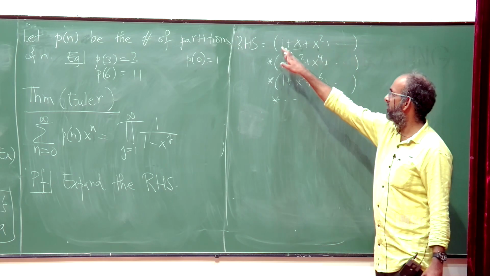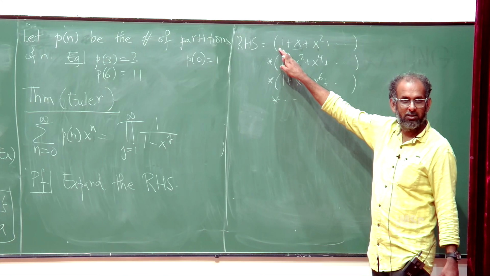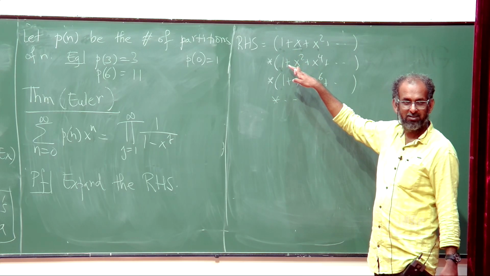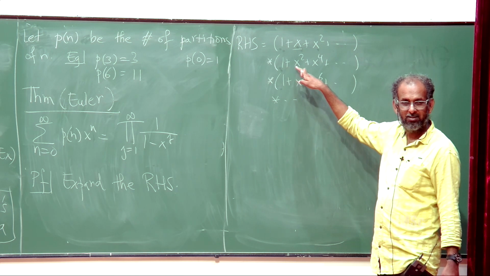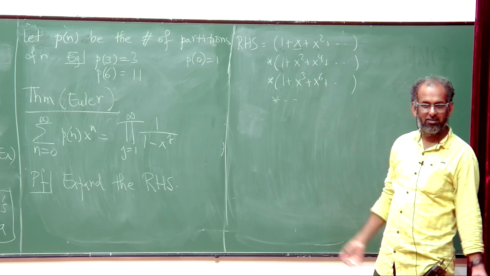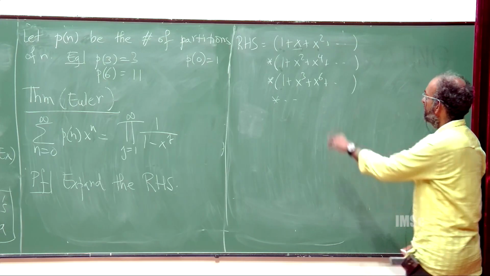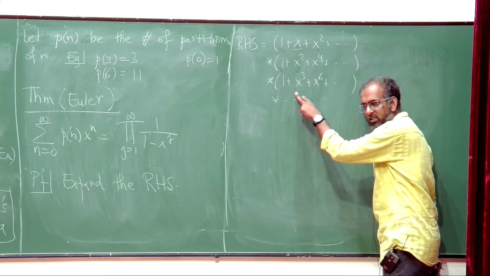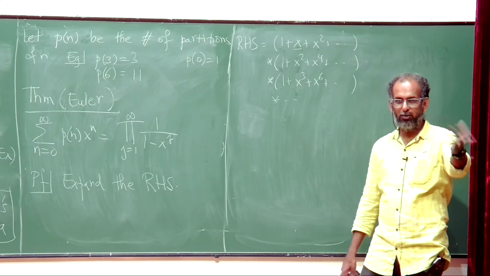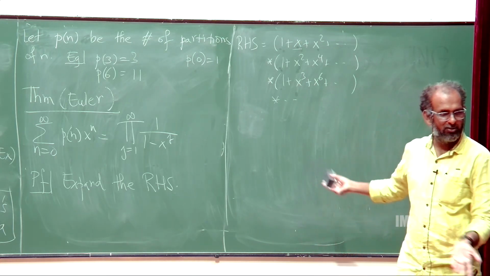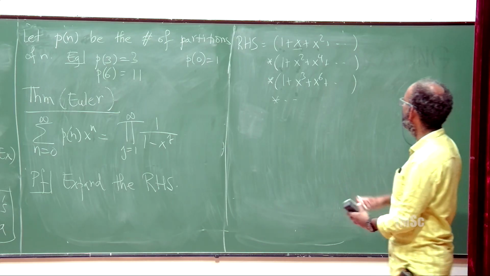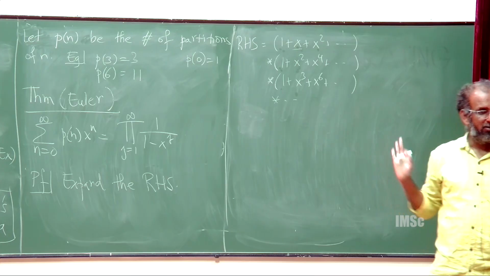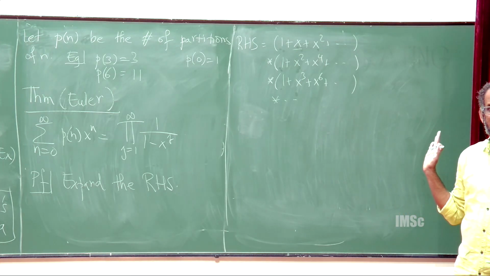Now if you take 1, then whatever you take from the others will either be all 1, which will never give you x to the power 1, or x to the power k with k greater than 1. So everything is at least 2. Here the first term is x squared, here the first term is x cubed, etc. I think all of you intuitively realize this, and therefore you were nodding your heads. So there's only one way to get x to the power 1. Agreed? Everybody is okay with that statement?